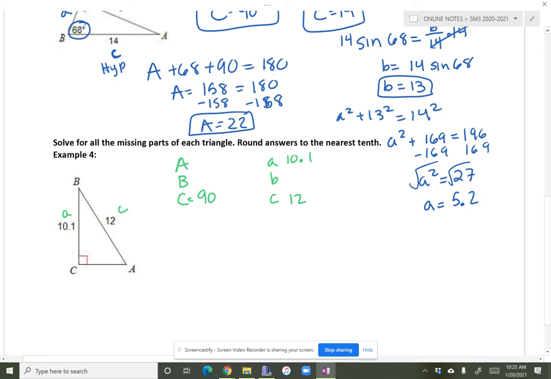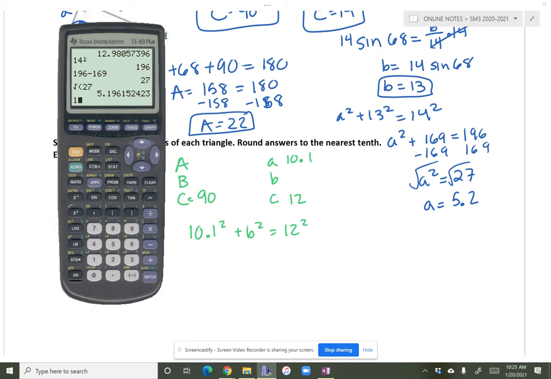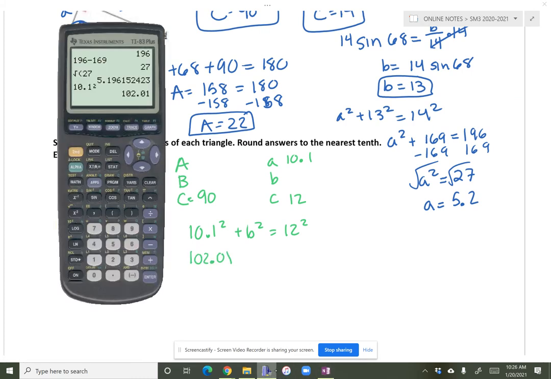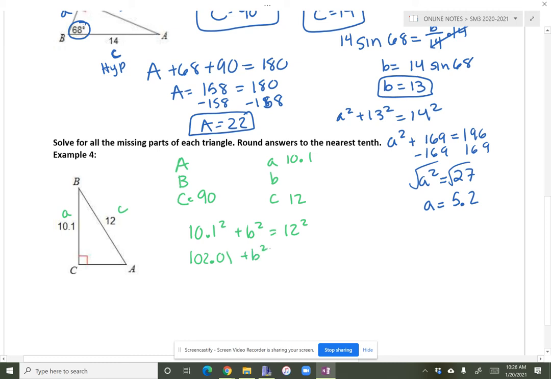So I'm going to solve for side B by doing the Pythagorean theorem. So I'll go 10.1 squared plus b squared equals 12 squared. So I get my calculator out and I go 10.1 squared and that's 102.01, I believe. Yep, plus b squared equals 144.